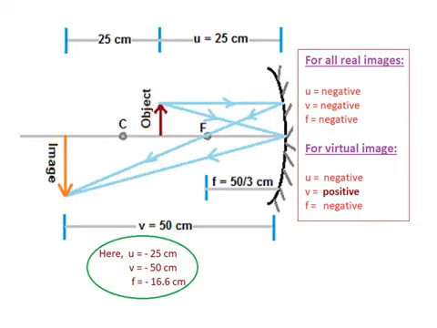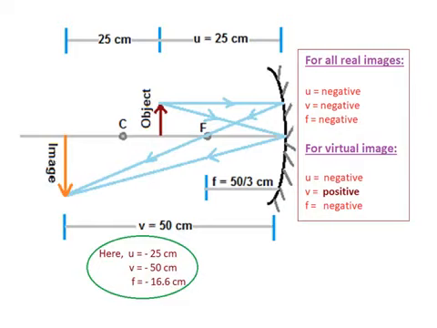Where is the virtual image formed in a concave mirror? Can you recall it? Yes, when you keep the object between F and P. When you keep the object between F and P, you get the virtual image on the right side of the mirror. Just go and check the diagram.